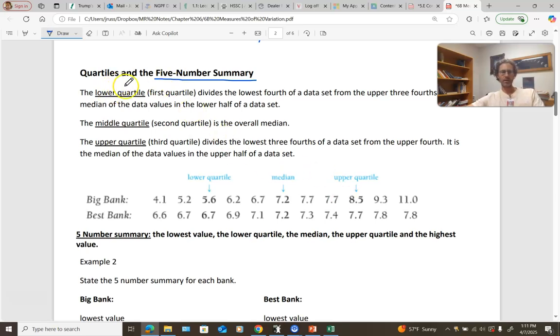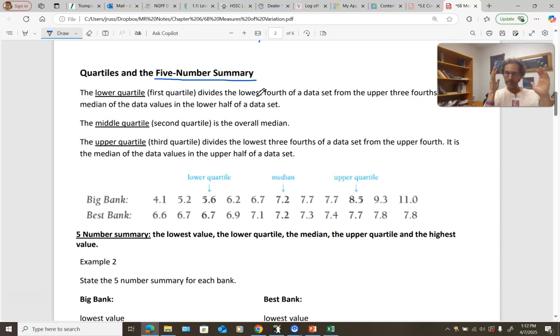So the lower quartile, it's also known as the first quartile. What it does is it divides the lowest fourth of the data set from the upper 3/4. It is the median of the data values in the lower half. So remember, in calculating the median, if you were going to do it by hand, you have to put your data in ascending order, and the median is the one that's like right in the middle.